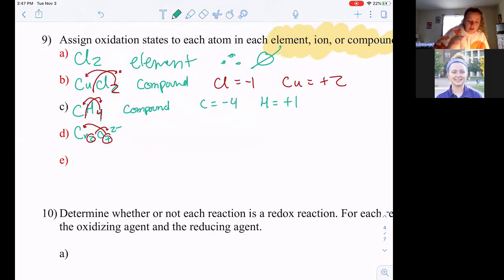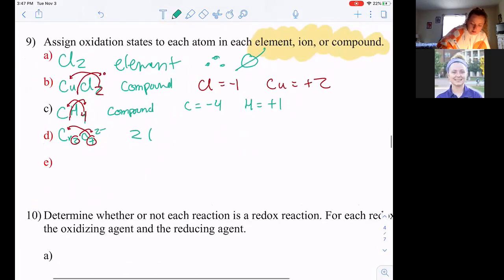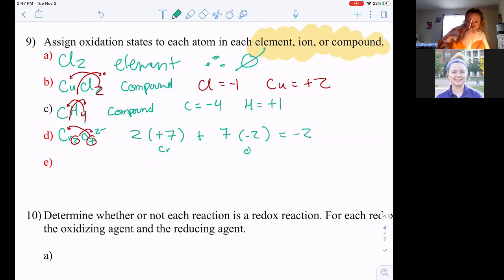Because of the charge, when it gets more complicated like this, you can think about it this way: we have 2 times the oxidation state of chromium plus 7 times the -2 of oxygen, and this all has to equal -2.